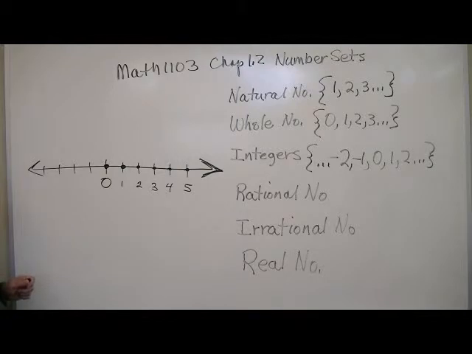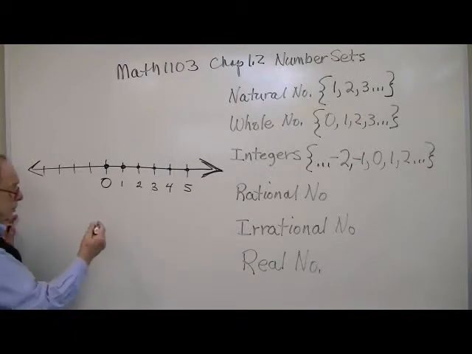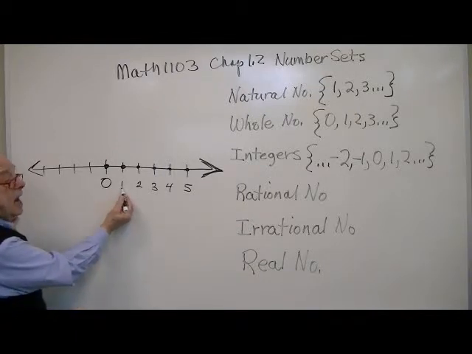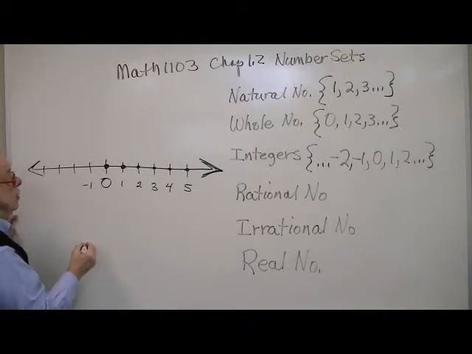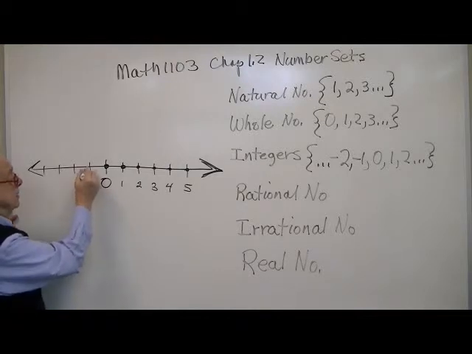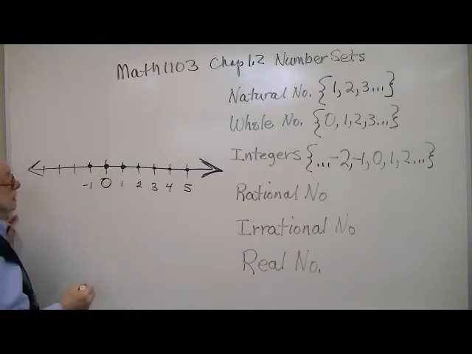Now, as we look at the number line, there are other numbers on the other side. And we say that there is an opposite of number 1. That opposite is a negative 1 over here. And if we were to graph it, of course, we'd start going like that.